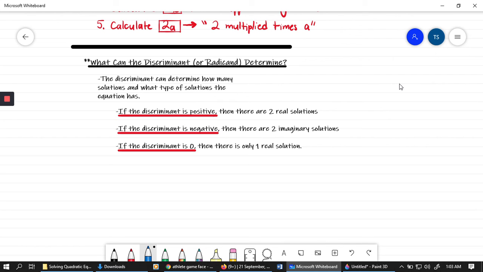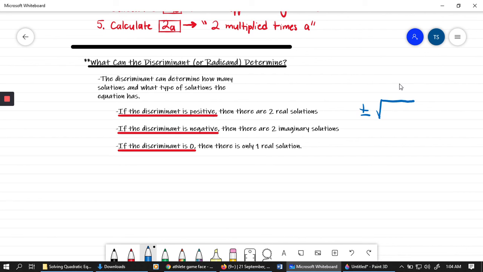Regardless of the rest of the formula for the quadratic formula, the part that we really focus on for the discriminant is the number that's up under the square root. The part that comes right before that is a plus or minus, and then you taking the square root of that discriminant.